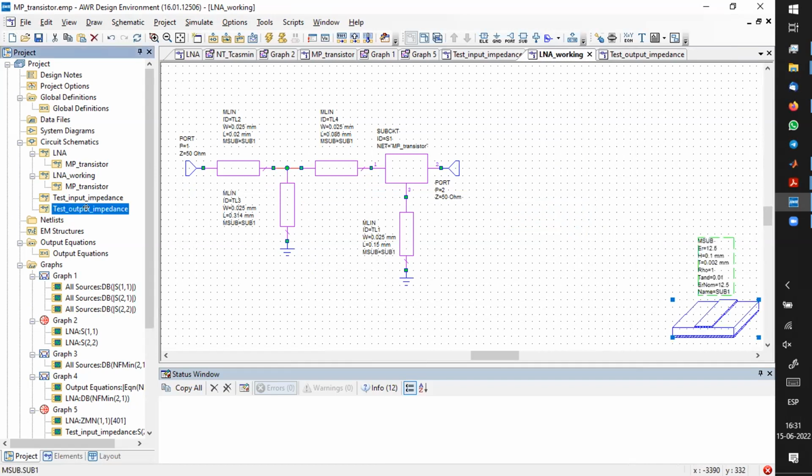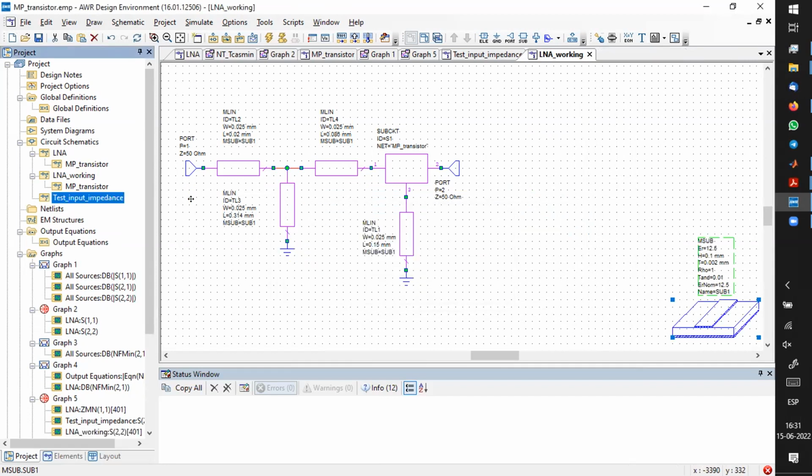No, we don't need it at this point anymore. Actually, everything can be done here.